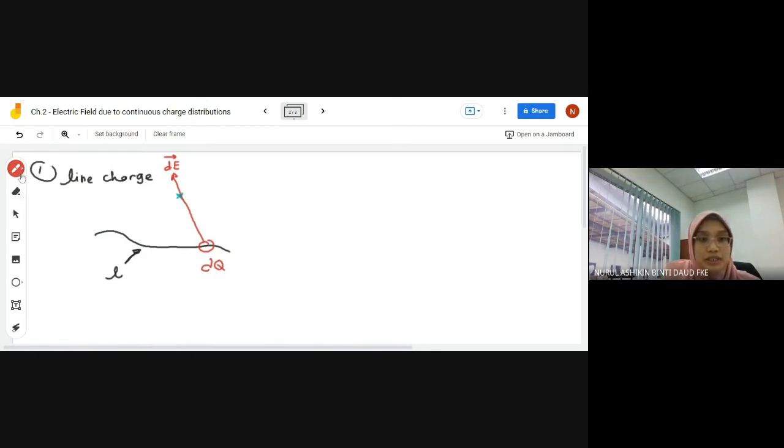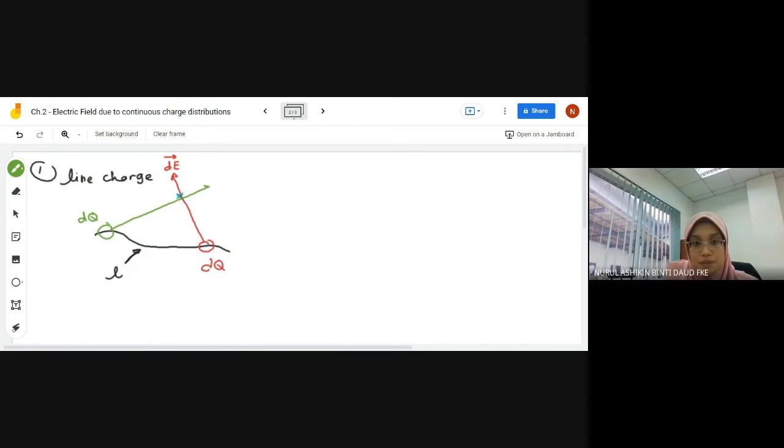Let's say we take another point from this line. It produces a small amount dq, and our point of interest is the same, so we make a line and connect to here.